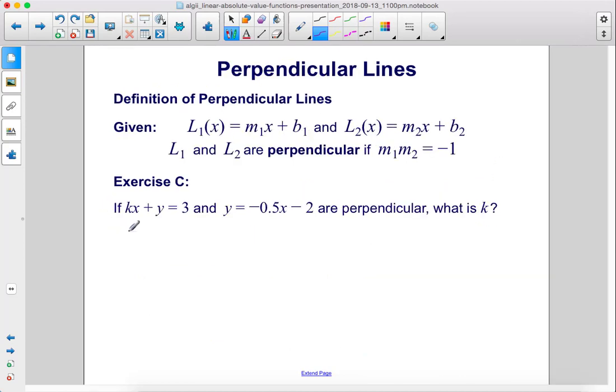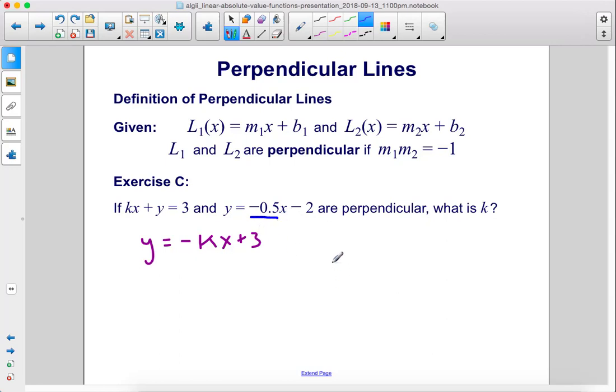Exercise C. If kx + y = 3 and y = -0.5x - 2 are perpendicular, what is k? All right, so let's put this into slope-intercept form: y = -kx + 3. And the other is already in slope-intercept form; the slope here is -0.5.